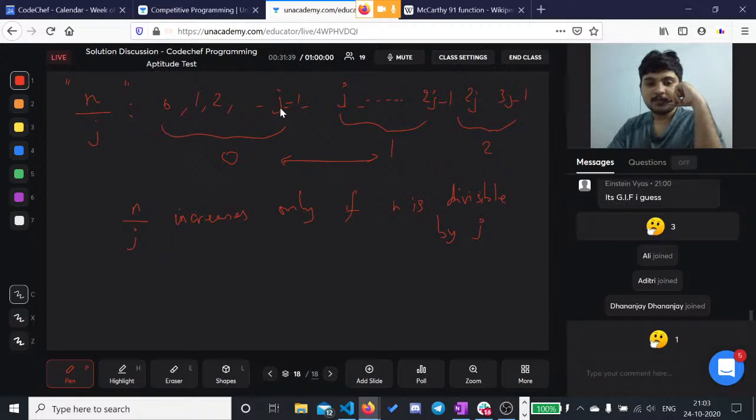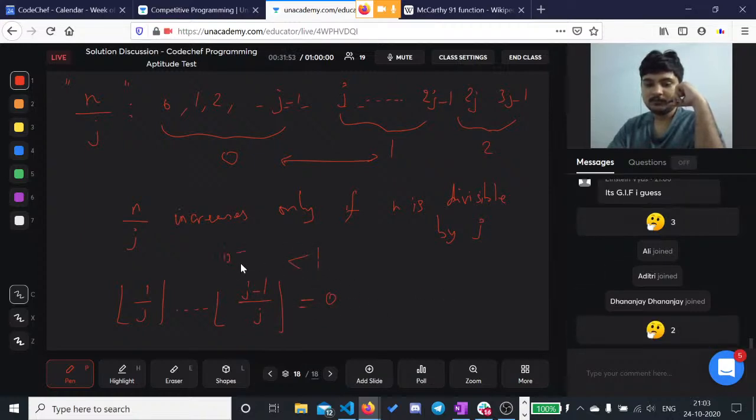From 0 to j minus 1, floor of 1 by j, and so on till floor of j minus 1 by j, all of these terms are 0, right? Because they're all greater than 0 and less than 1. Obviously, all these numerators are less than j, and the numerator by denominator is less than 1, right?